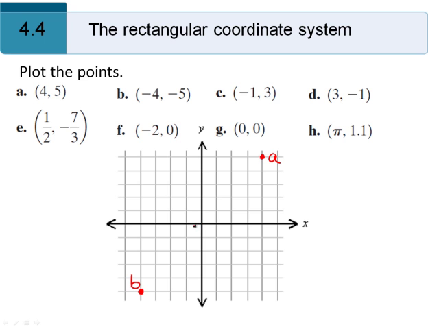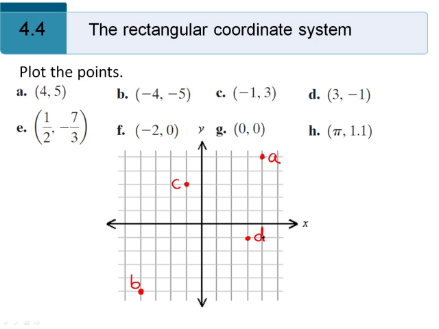So I have to go to the left to -1, but it's a +3, so I go up 1, 2, 3, and that's where the C is. And then D, (3, -1): I have to go to the right +3, 1, 2, 3 to the right, and because it's a -1, go down 1, and it's going to be right there, letter D.